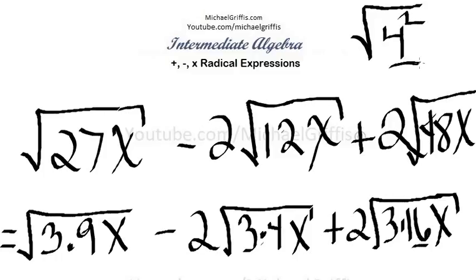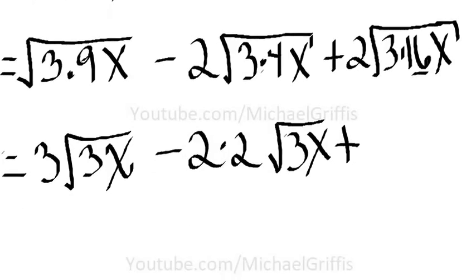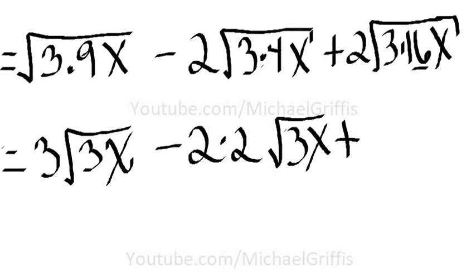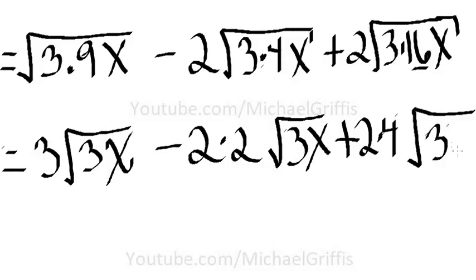Okay, this is your 16, and the square root of 4 squared is just 4. So we take the square root of 16, it's just 4, so I'm just going to bring it out for right now. We'll multiply this stuff together in just a little bit. And we're left with 3x.